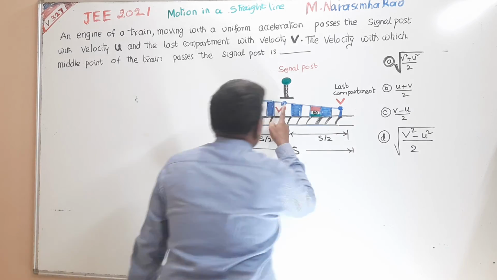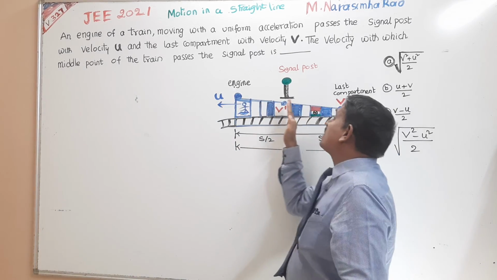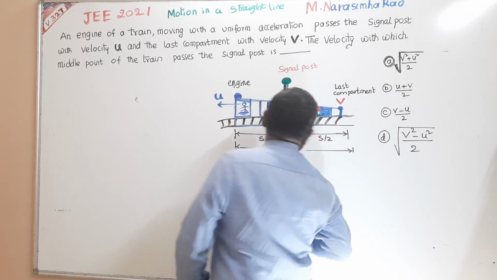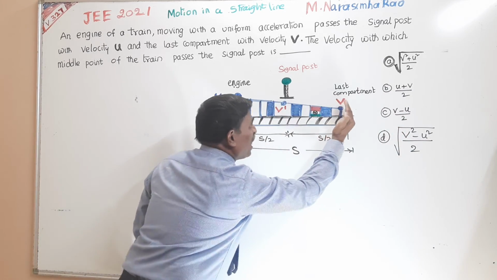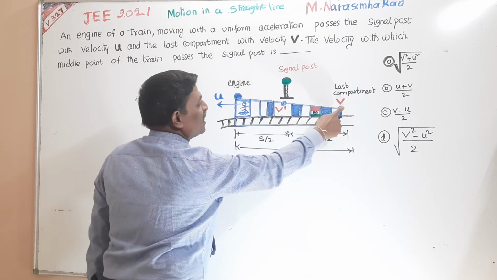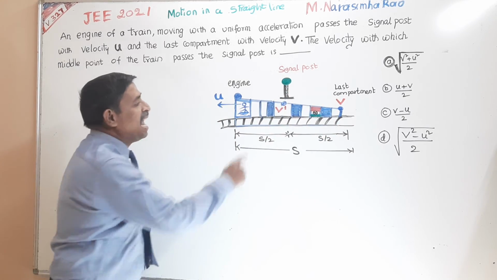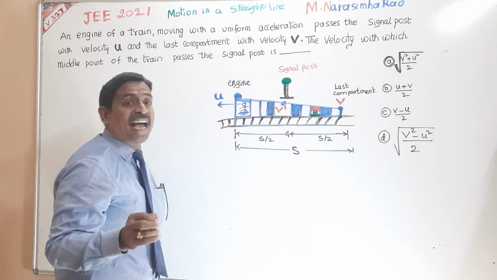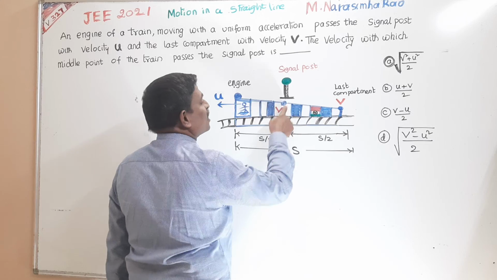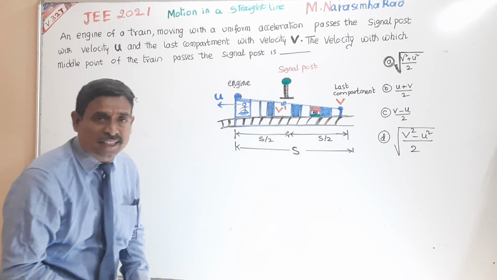It crosses the signal post with a velocity u. The last compartment of the train crosses the signal post with a velocity V. V dash is the velocity of the middle compartment which is crossing the signal post.